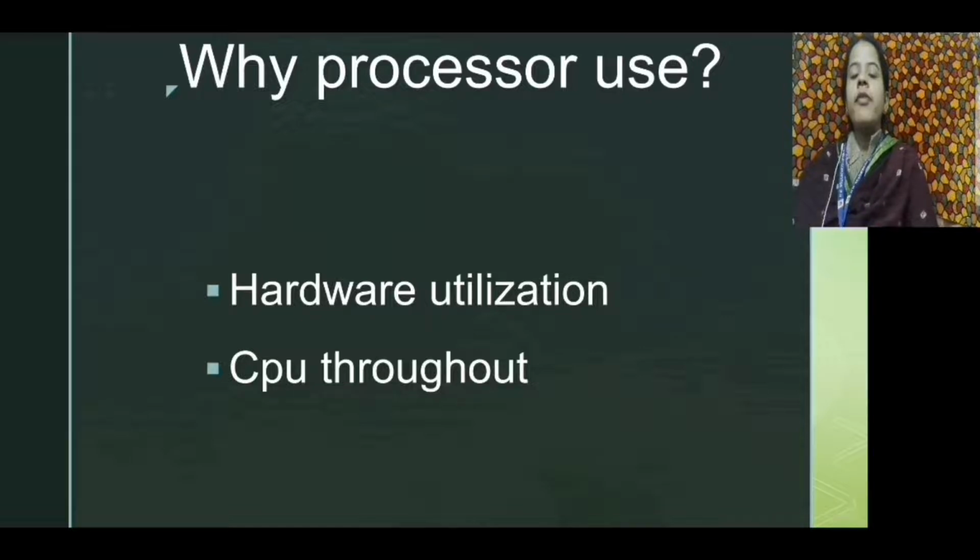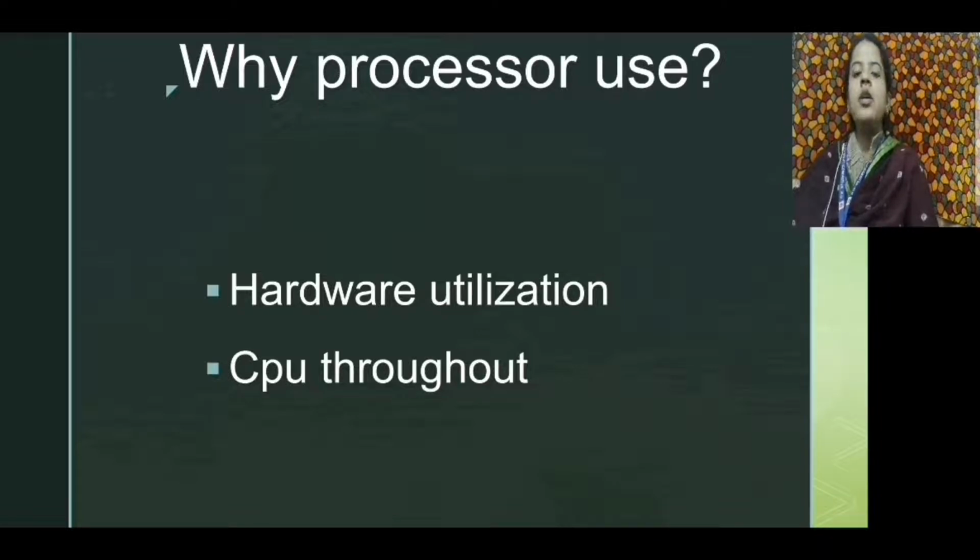That means every resource is utilized in an appropriate way when the processor uses pipelining. And the second one is CPU throughput. As we know, pipelining allows executing multiple jobs in parallel, so the CPU throughput is much higher. By using these two advantages, the processor uses the concept of pipelining.